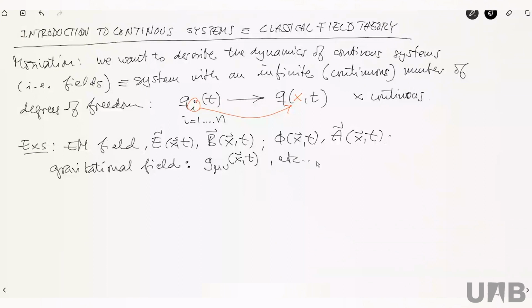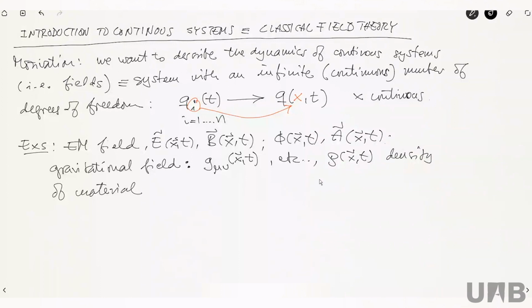Etc. But we can also describe, with some rho of x and t, the density of some material. Okay, so that's also a field. Imagine that the density of a certain material is subject to some forces or something, and therefore it has some dynamical equations that we want to describe.